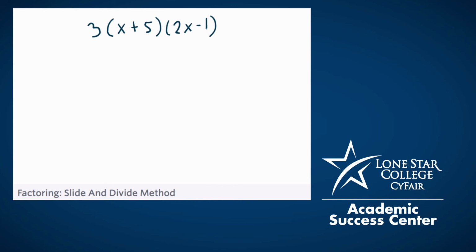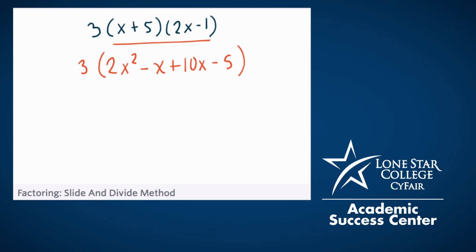You'll want to use your FOIL method to multiply these together first. First times first gives us 2x squared. Outside gives us minus x. Inside gives us plus 10x. And last gives us minus 5.